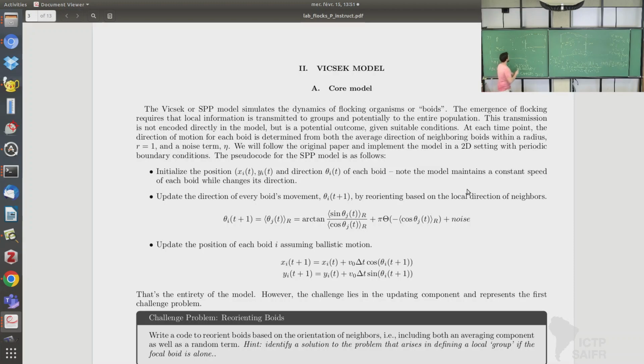I'll start giving you some hints to solve the periodic boundary condition problem, meaning to extend this algorithm to define neighborhoods also including the birds that are in the mirror images.